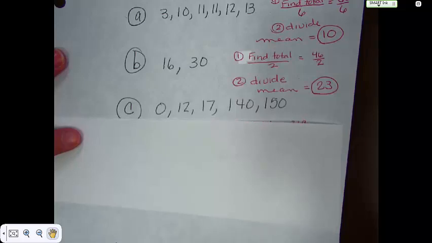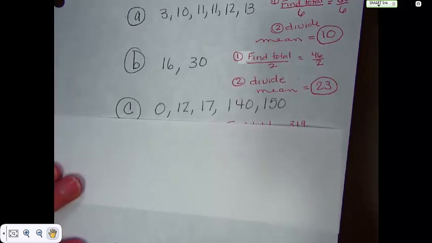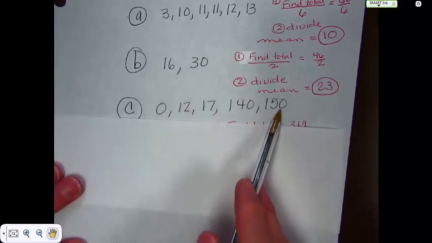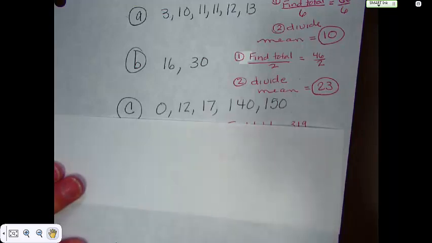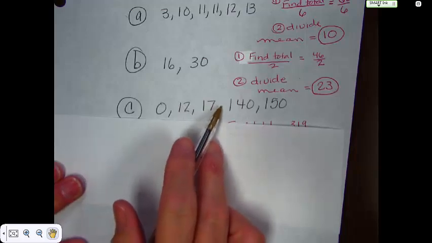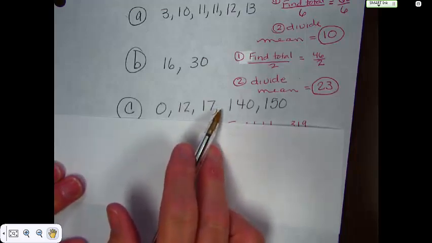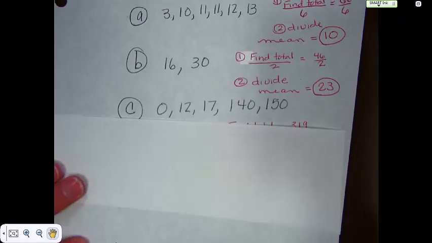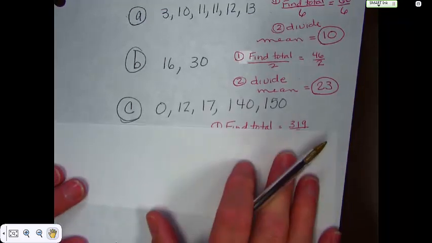Last one I want to talk about is this one. Notice we have the smallest number of 0 and the largest number of 150. Can you guess where the mean might be? Well, many of you might guess like 20, 25, or 30, but when you add all of these up, you get 319.